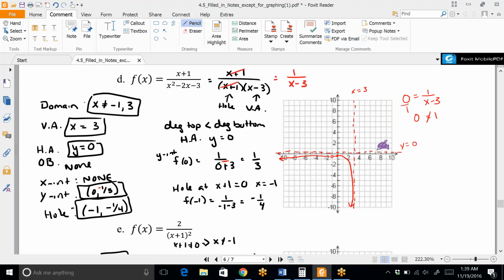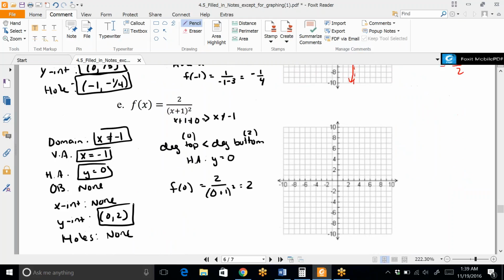So we would pick maybe +5. So plug in 5 to the reduced form. That gives you 1/2. So this would be the point 5, 1/2. So that means this guy is on the top half of the graph.